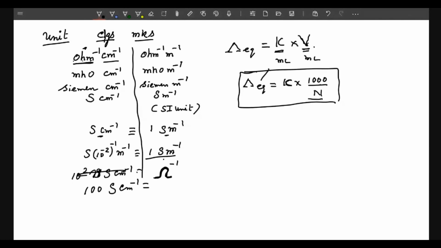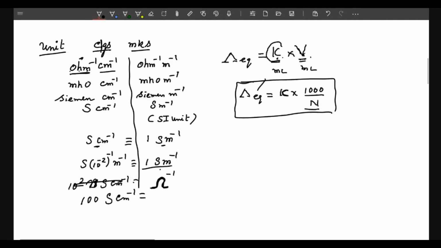And what are the units for this? Here also, once again, in SI units as well as in CGS units. You know the unit for kappa, you know the unit for the volume, then you can easily give the unit for lambda equivalent. Per ohm per centimeter is the unit for kappa.